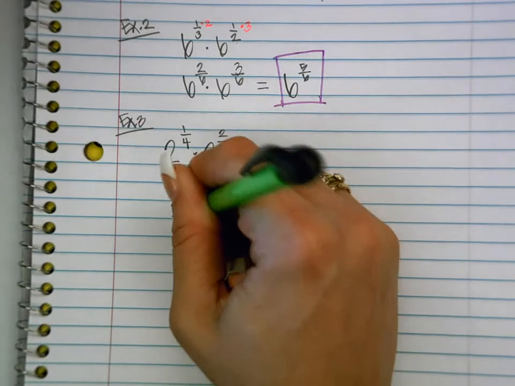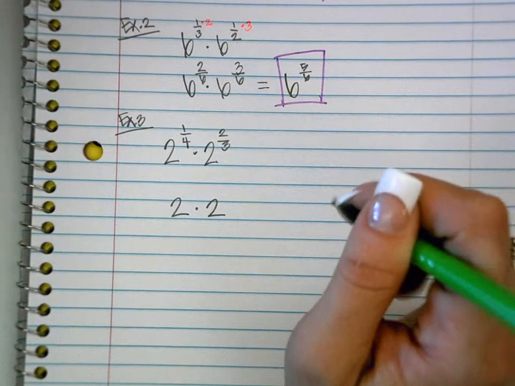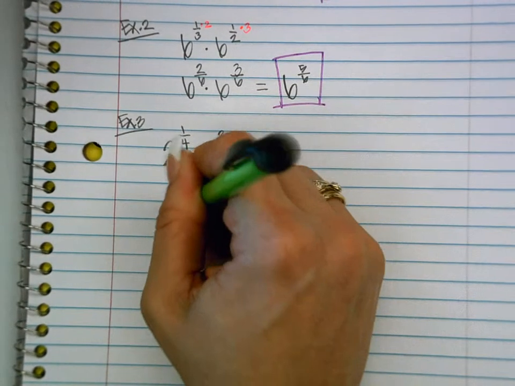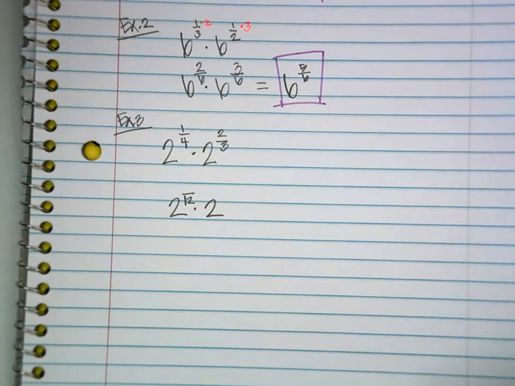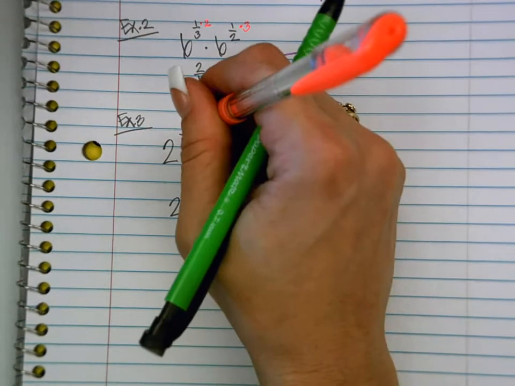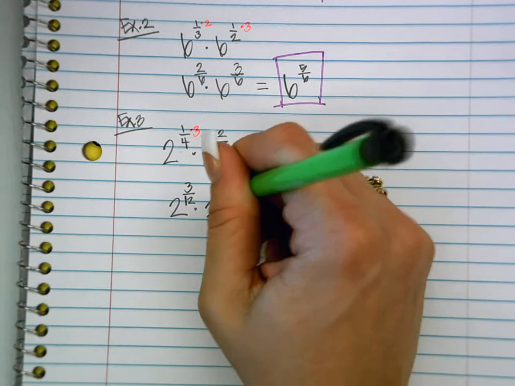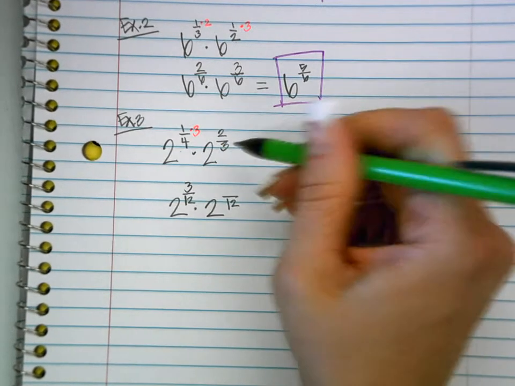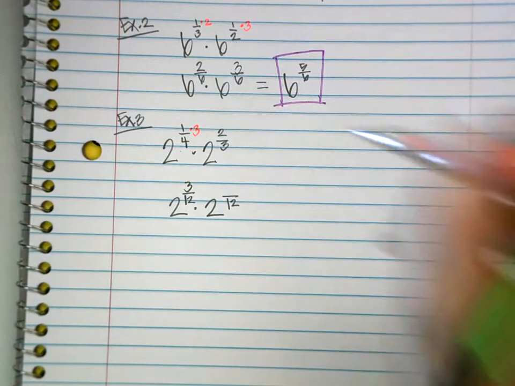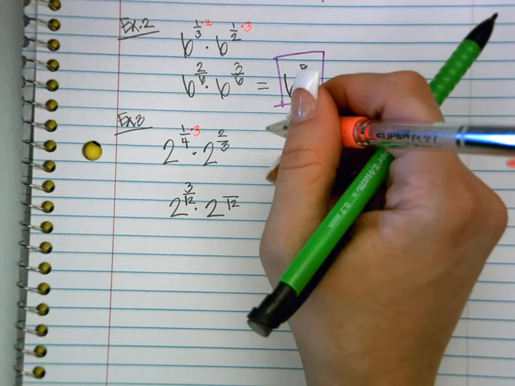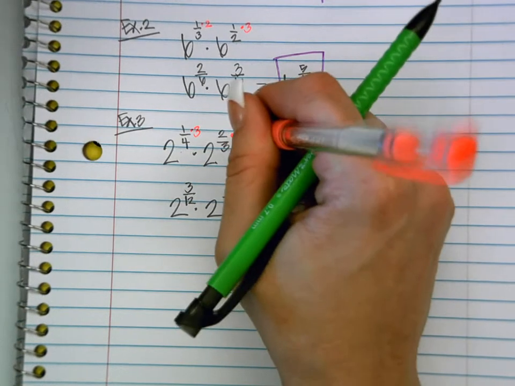What will be the common denominator here? 12. So how do you get from 4 to 12? Multiply by 3. 1 times 3 gives you 3 over 12. How do you get from 3 to 12? Multiply by 4.